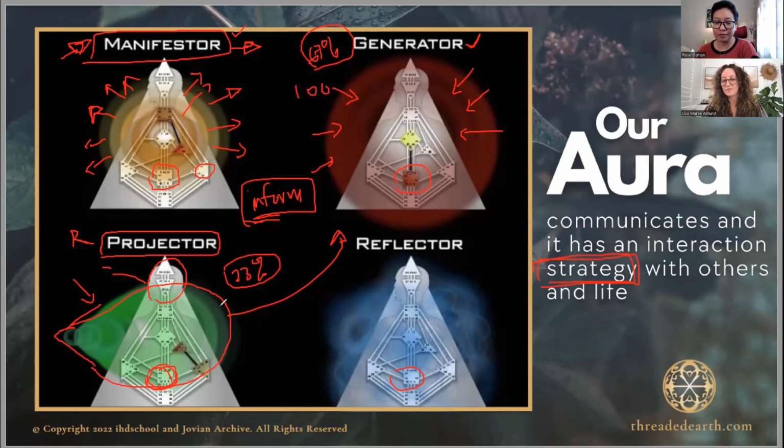It can be as simple as, let's say, you with your husband, and your husband is not a projector. Your husband is a generator, and you're a projector. And you see your husband is doing something that makes him frustrated.